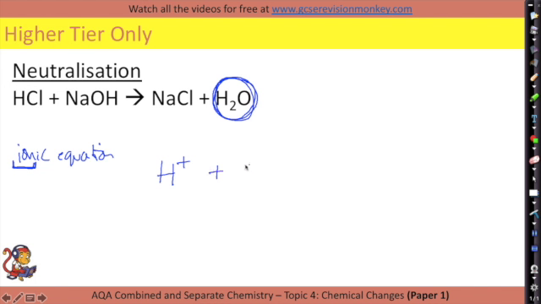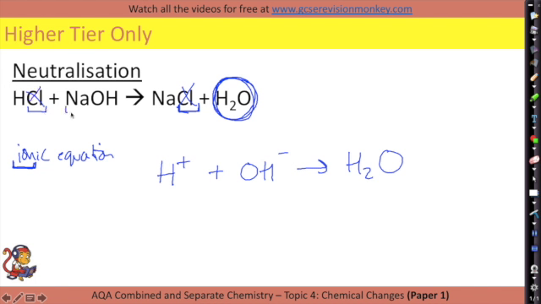Hydrogen reacting with hydroxide ions to produce water. Everything else are spectator ions. For example, to show you here, the chloride ion here is still a chloride ion on this side of the equation. That hasn't changed.